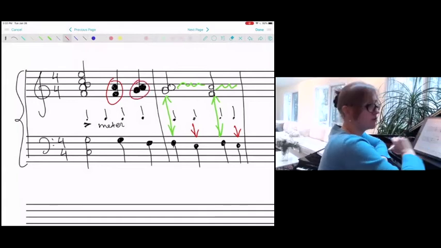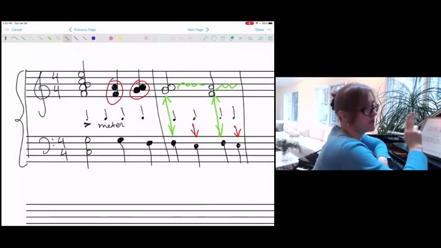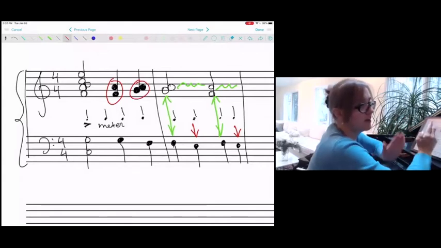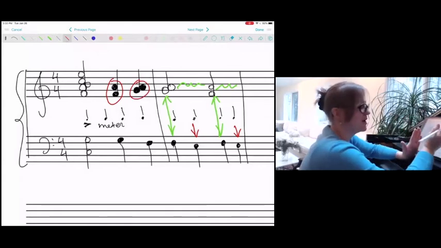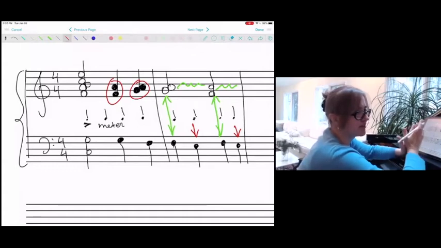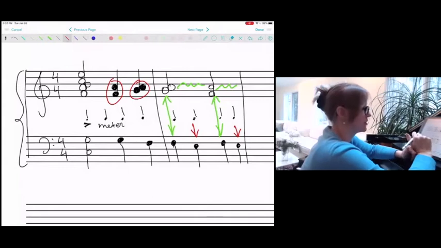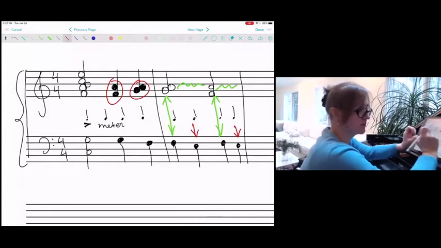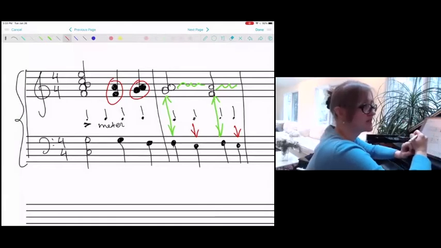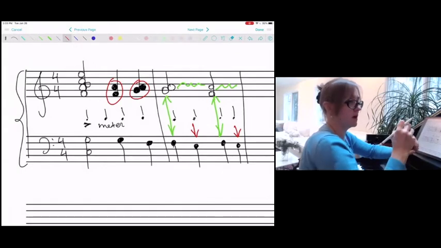This and this is also played simultaneously. When we have two neighbor pitches, there is no other way to put them on top of each other. If we put them exactly on top of each other, they will overlap, and you will just see an oval. It will be difficult to understand what it is. So there's a notational convention that we just attach them to each other like that, and they will use the same stem.